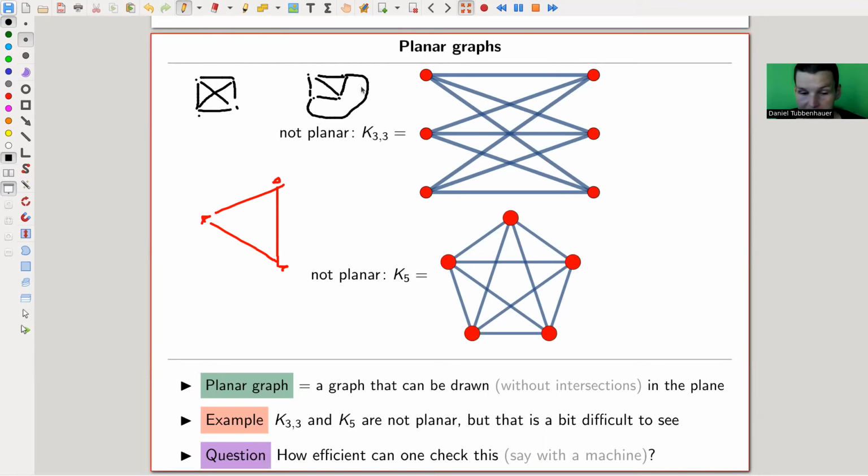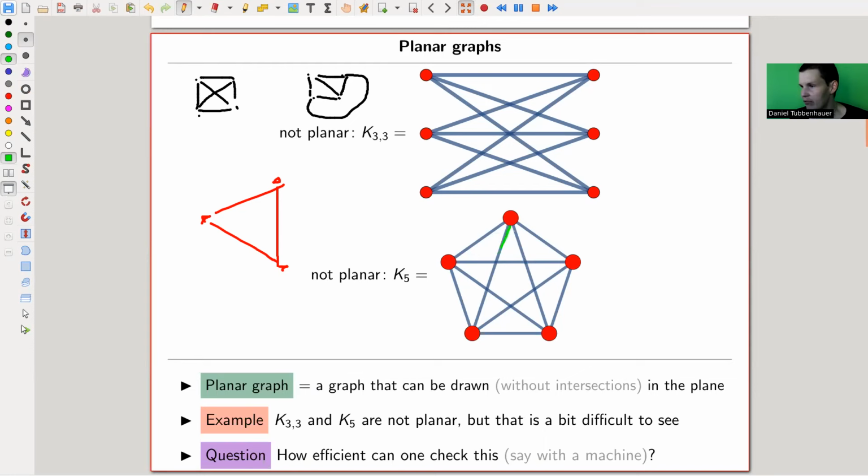So given an abstract graph, you need to decide whether there's some drawing that works without intersections. And that always looked to me like a really difficult problem. So if you play around with K5, for example, here, this drawing is not planar, but who tells you that any drawing, you need to make sure that no drawing is planar.